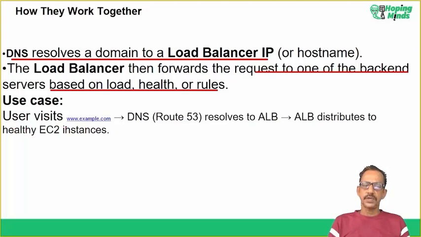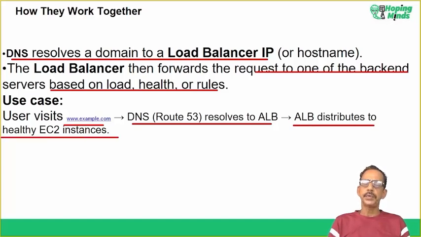For example, when a user visits this site, Route 53 resolves to the application load balancer, which can be an NLB, and then the NLB or ALB distributes traffic to healthy EC2 instances. It is a simple process, nothing complicated for anyone with a little knowledge of DNS.